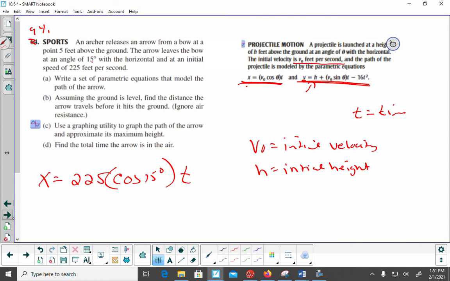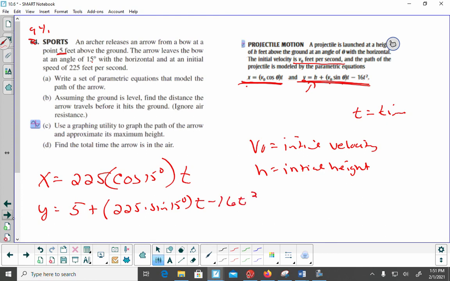So that gives me my horizontal distance. My vertical distance, or the height, is going to be the initial height, which they tell me is 5 feet, plus the 225 times the sine of 15 degrees. That's the initial velocity times the sine, times t, minus 16t squared.